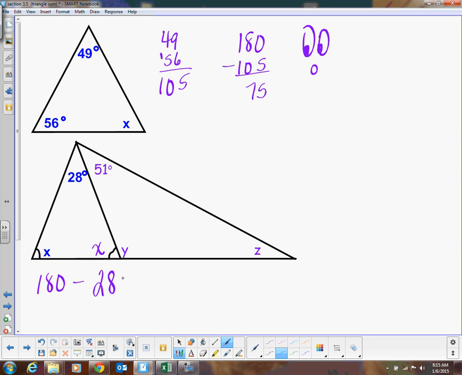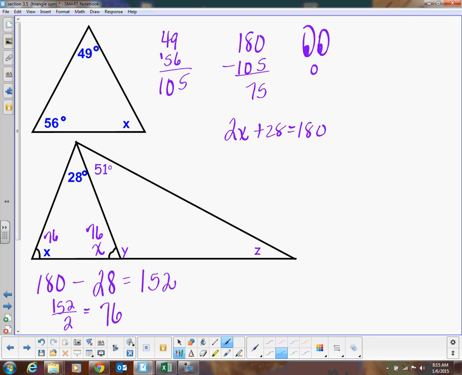180 minus 28 is going to be 152. And then what do we do with 152? 152 divided by 2 is 76. So this is 76, this is 76. Now, could we have written 2x plus 28 equals 180?